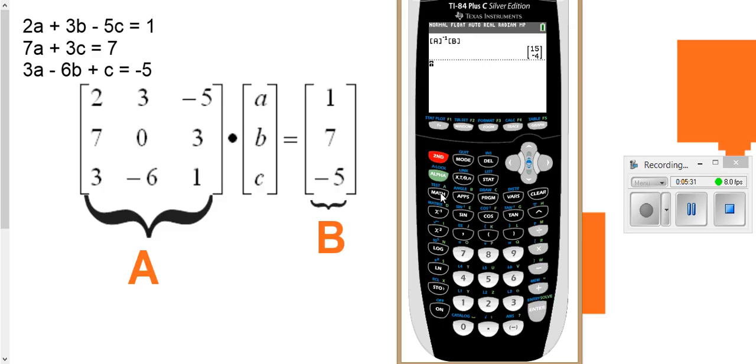So I'm going to go to Matrix. Oops, Matrix, not Math, sorry. Over to Edit. I'm going to edit A. It's a 3 by 3, 3 rows, 3 columns. Type everything in as I see.